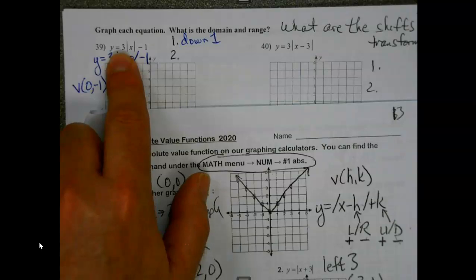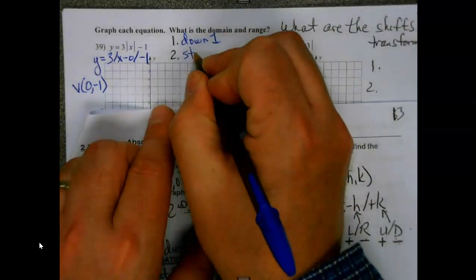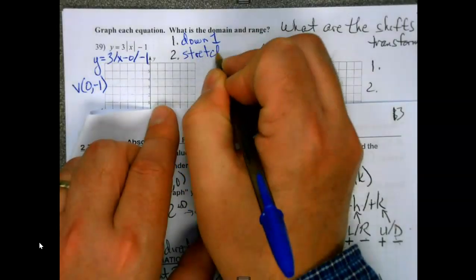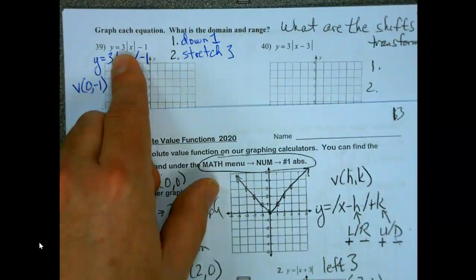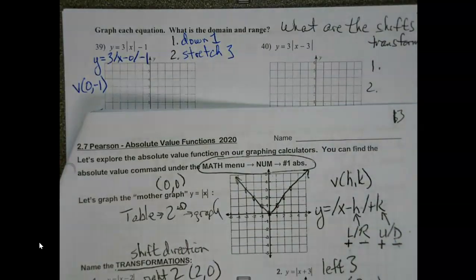That 3, and we've talked about this before, makes my graph stretch. If there's an A value besides 1, it's going to make my graph either get skinnier as the number gets bigger, or it's going to make it get wider as the number gets smaller. So if there's a number in front, it stretches.